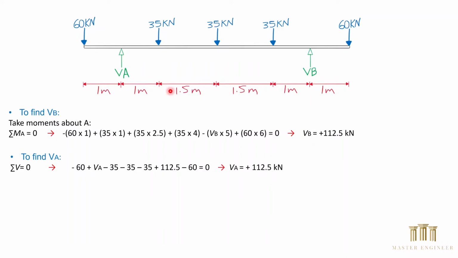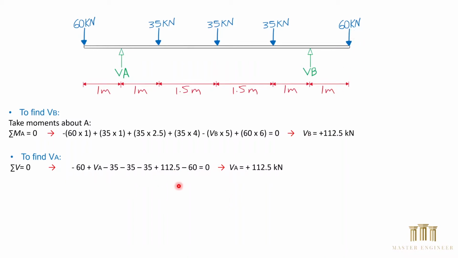Then we move on to find VA. Similarly, we use the equation of equilibrium. The sum of all vertical forces should equal 0. We have minus 60 acting downward, positive VA acting upward, negative 35 acting downward, negative 35 kilonewton acting downward again, negative 35 kilonewton acting downward, positive VB, which is 112.5 kilonewton, and finally negative 60 kilonewton acting downward, equals 0.